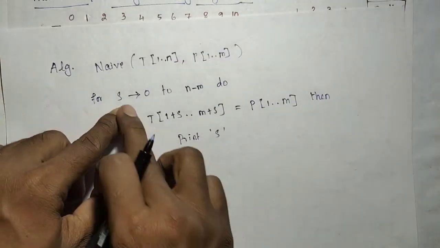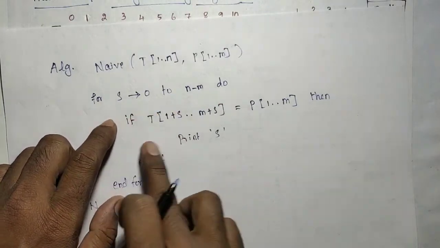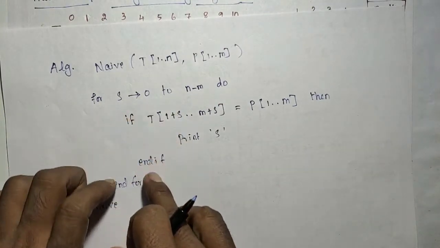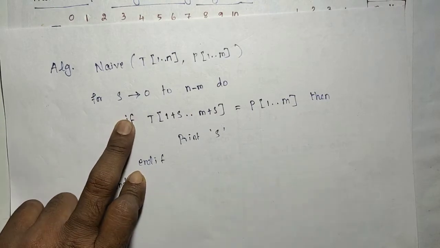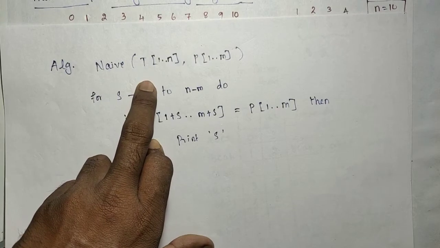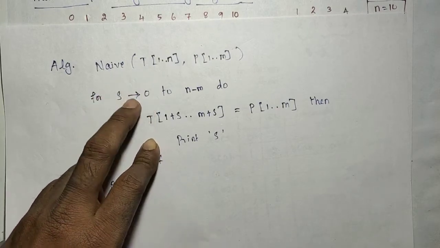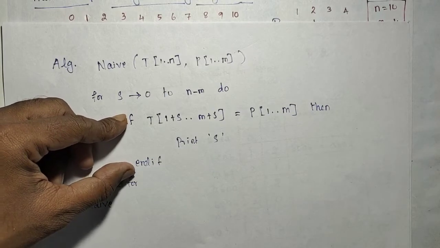Before that I'm going to calculate the T0, that is Ts. That Ts is going to be compared with the P. But in that algorithm, the T0 will be calculated before the for loop itself, and at the end of each iteration, the next iteration's T value will be calculated.